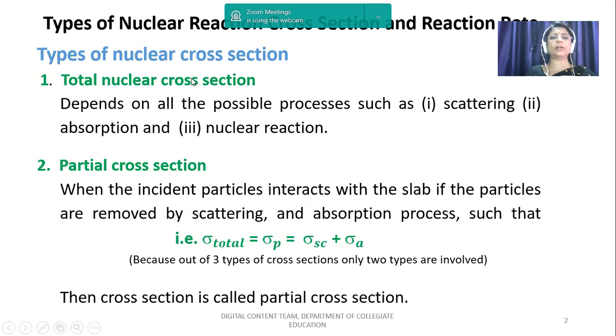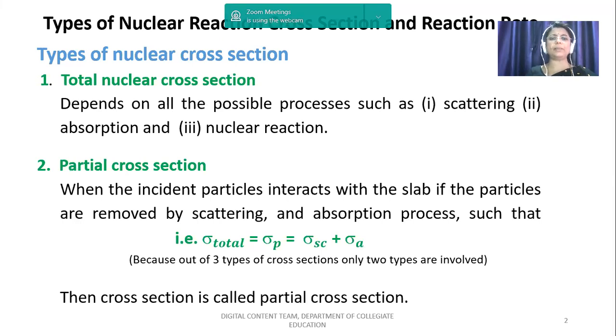Total cross-section or total nuclear cross-section. Whenever a beam of particles is incident on a target material, all the incident particles will not penetrate through the target material. Some of the particles will be eliminated or removed from the incident beam.